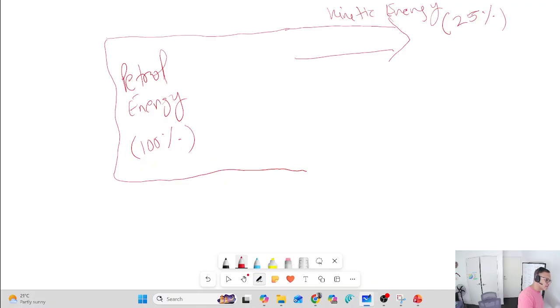You start your car. In that case, this petrol creates a lot of hot gases, which is chemical potential energy. Let me just call it chemical energy, chemical PE.